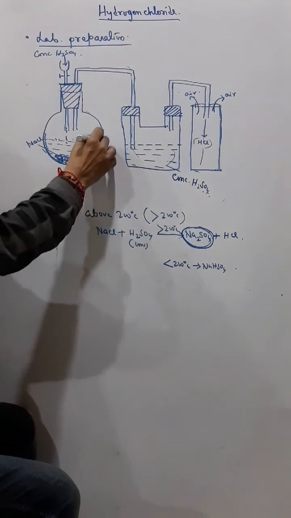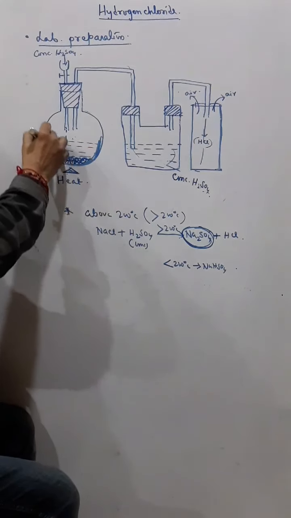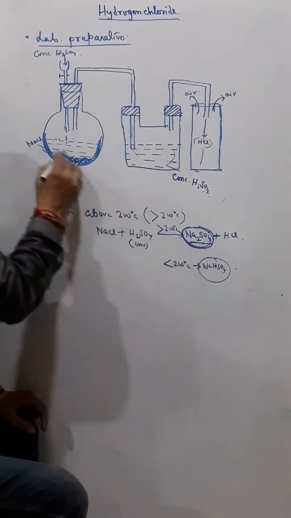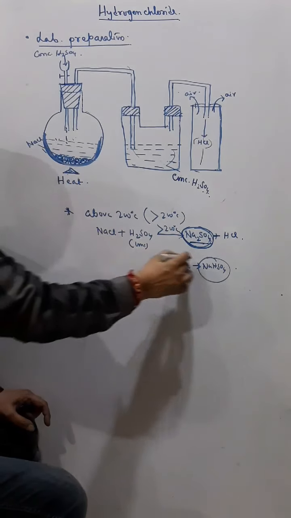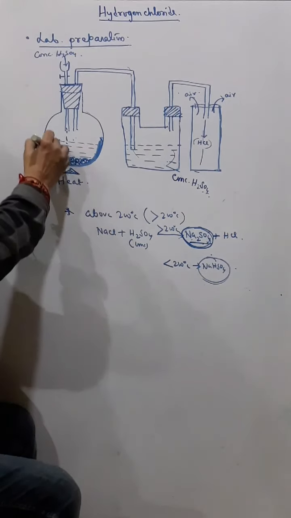on the inside wall of the flask, like this. It sticks to the glass, so it forms a crust, whereas NaHSO4 remains soluble and does not form any crust, but Na2SO4 forms a hard crust inside.